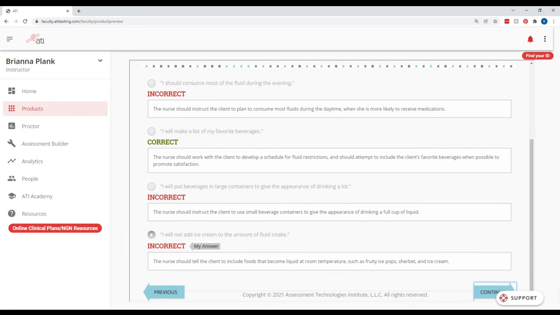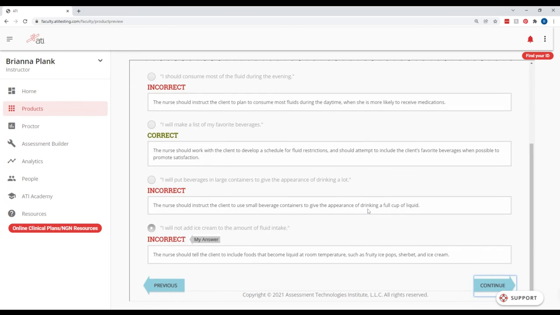So we're going to kind of trick the brain and make them think that they're getting a full glass, right? So we're going to put it in a small container. And ice cream is considered a liquid. So anything that is liquid at room temperature counts as a liquid. So even things like Jell-O, ice cream, popsicle, those all count toward our fluid intake.